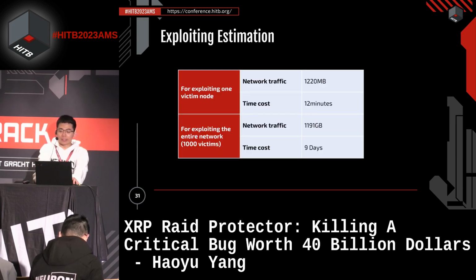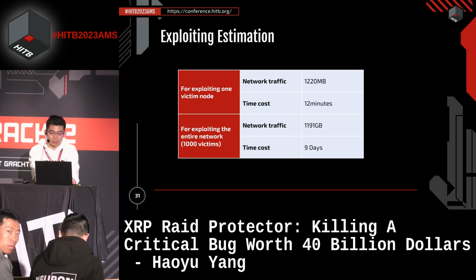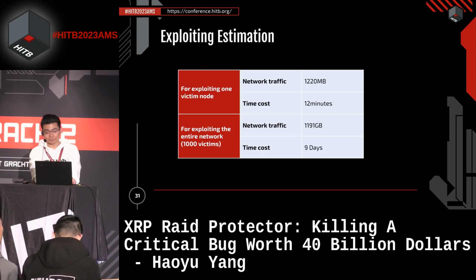So we all know that as a decentralized system, it means nothing unless you can control most of the nodes. To have a thorough understanding of this vulnerability, I have performed some experiments to estimate how this vulnerability could be exploited in the real world.